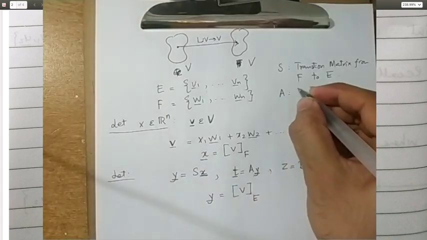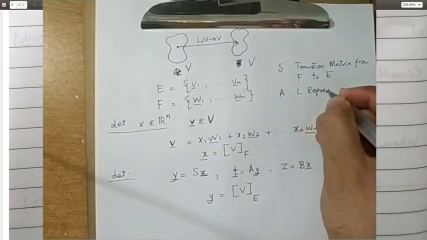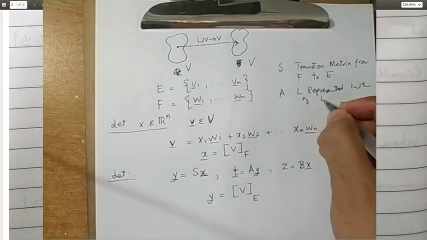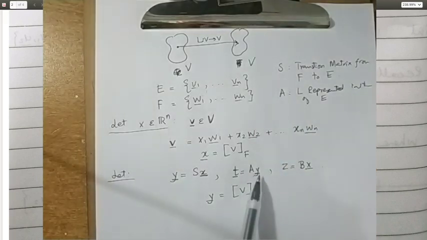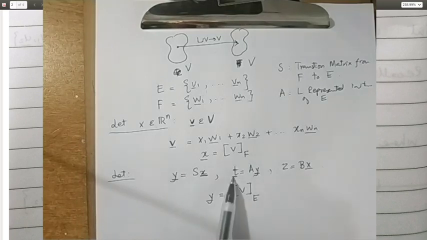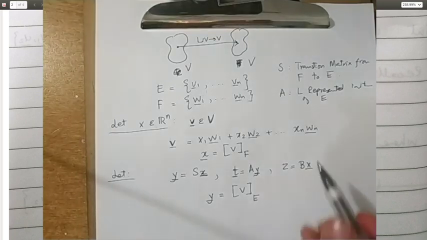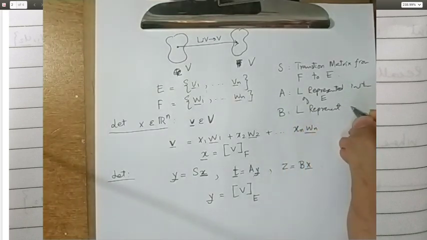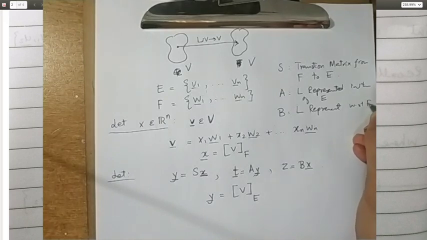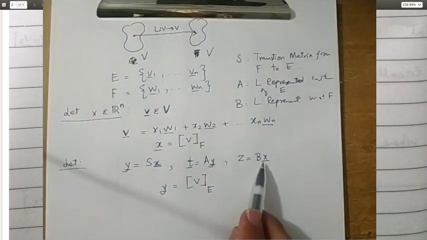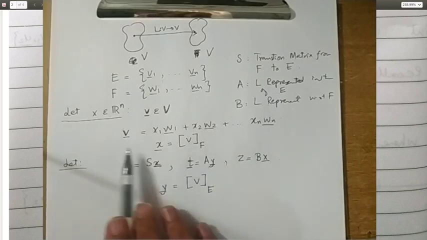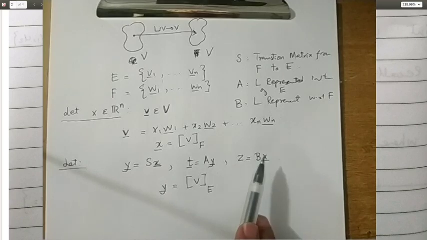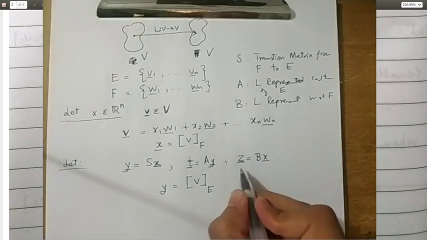A was L represented in terms of E. So input was represented in terms of E and the output will be represented in terms of E. And consider B, which is L represented with respect to F. So if you take the vector V and represent it in terms of the basis F, the coordinates will be X, and if you multiply it with B, you will get the same transformed vector.